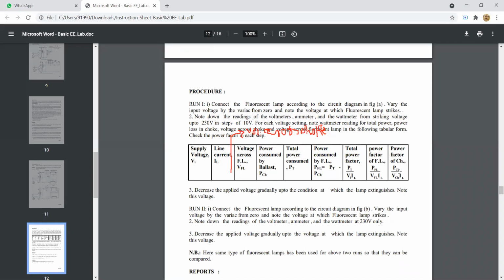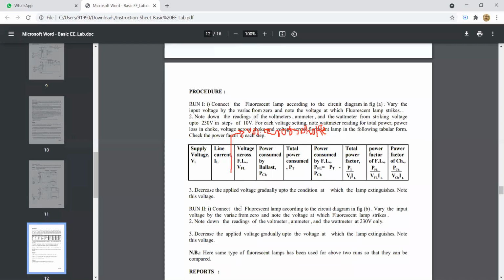Similarly, power factor of choke: PCH, the value is already obtained, then VCH, voltage across choke, this new column that I have given, divided by IL, line current, which you already have.